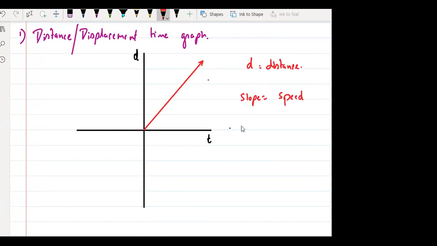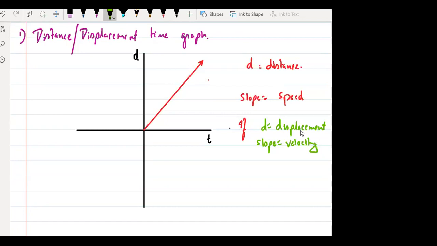But if d is displacement, everyone pay attention, this will be in the question, then the slope will represent velocity. Very good, velocity. Just keep this in mind.